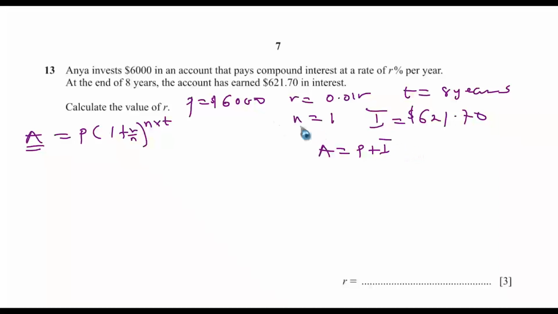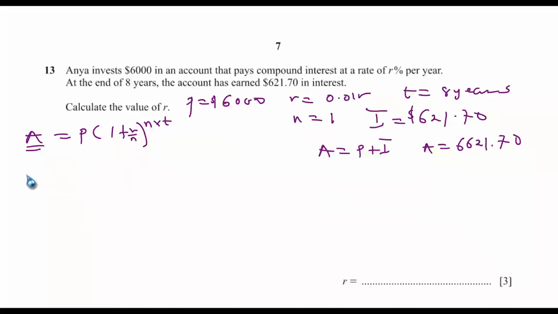In this case, the principal is $6,000 and the interest is $621.70. So if you add the two together, the amount will be equal to $6,621.70.